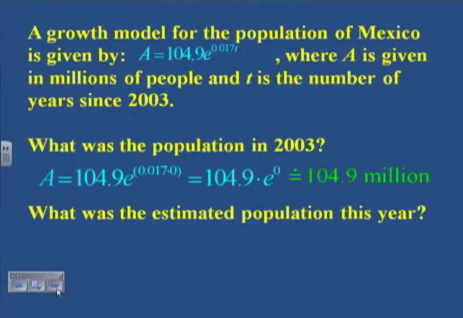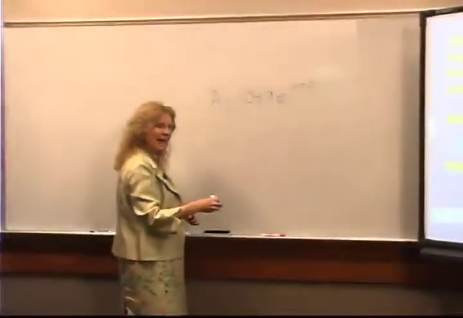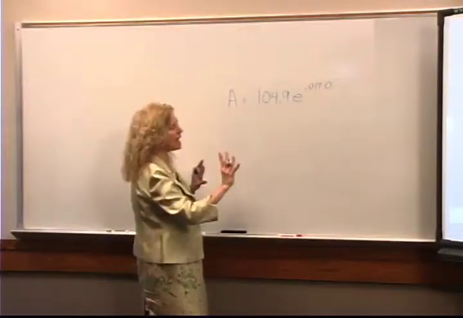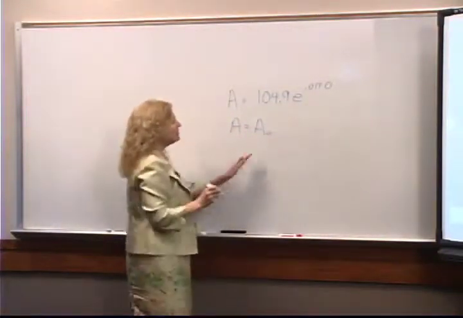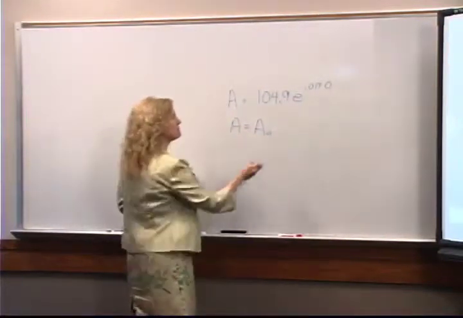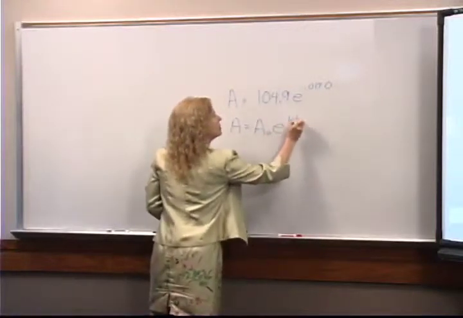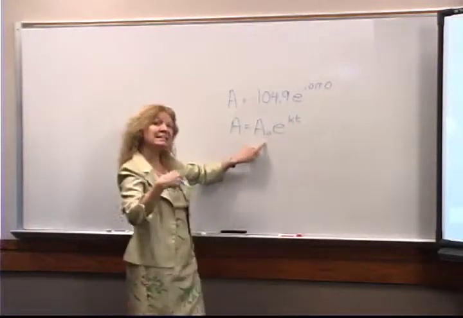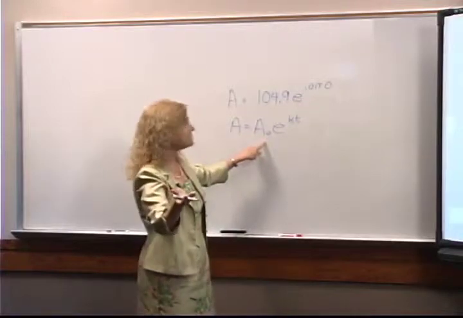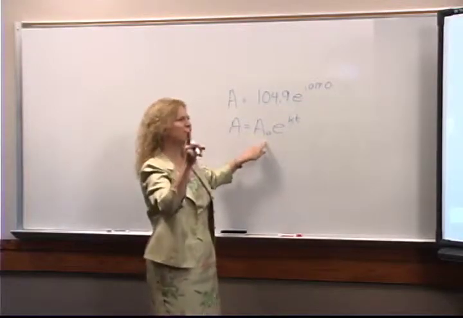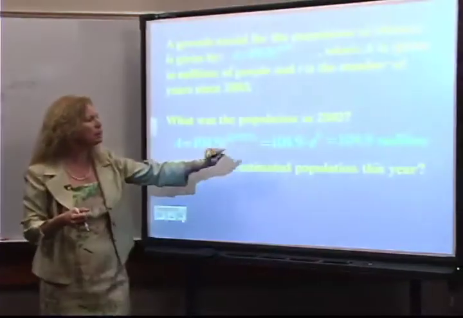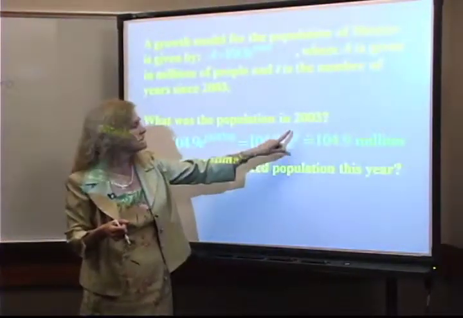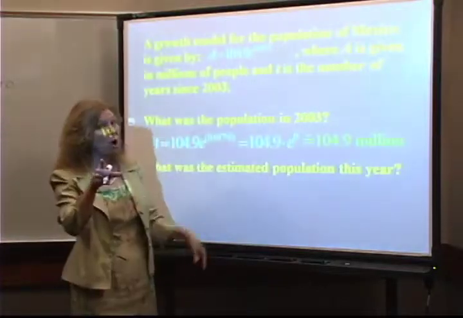Which, by the way, I really asked that question to reinforce something that you see in the ongoing exponential growth model. We often use an a sub 0, and that a sub 0 is the amount at time 0. The reason is that as you put the 0 in, this whole exponential value goes to 1.